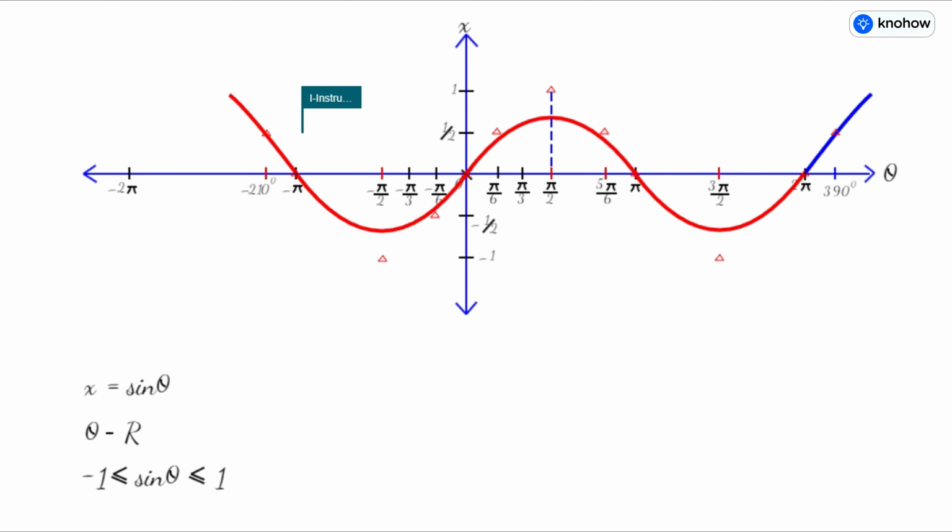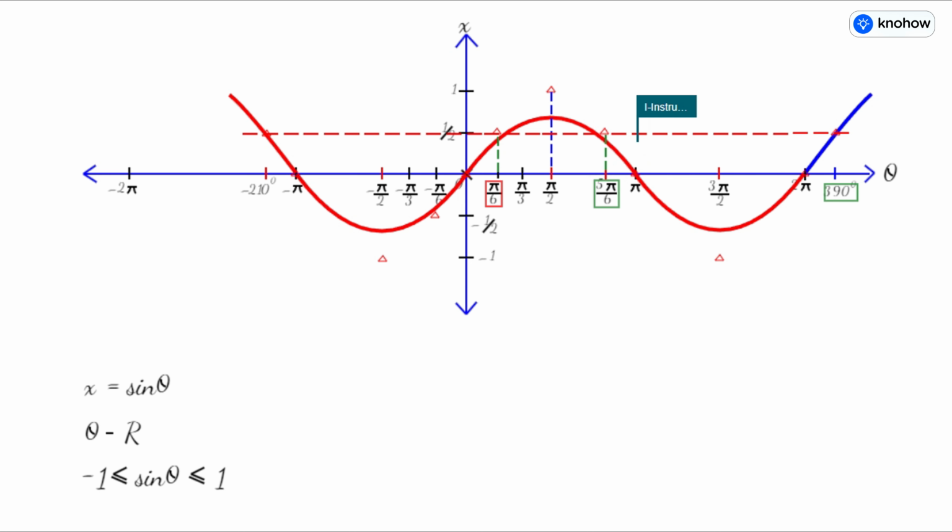Now let us draw a line parallel to the theta axis through x equal to half. What do you find? When we draw a line parallel to the theta axis at x equal to half, it intersects the graph at many points, and the corresponding angles are 30 degree or pi by 6, 150 degree or 5 pi by 6, and 390 degree or 13 pi by 6.